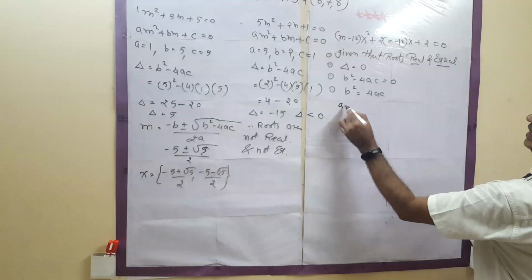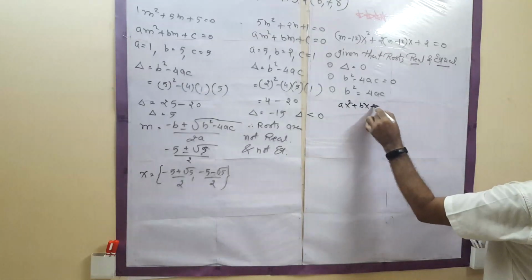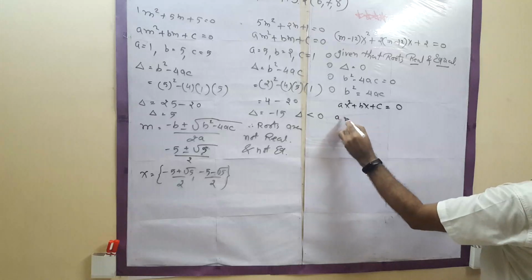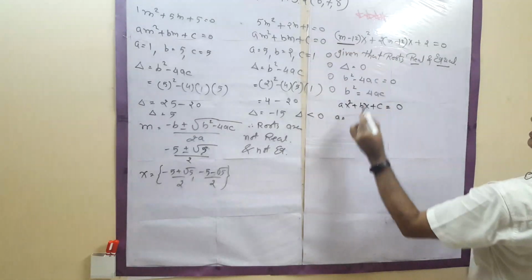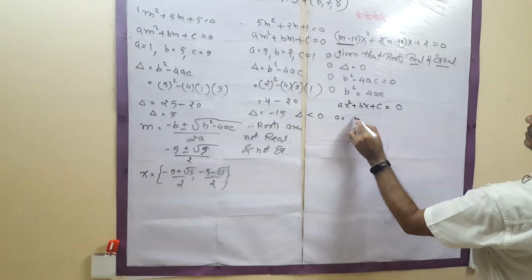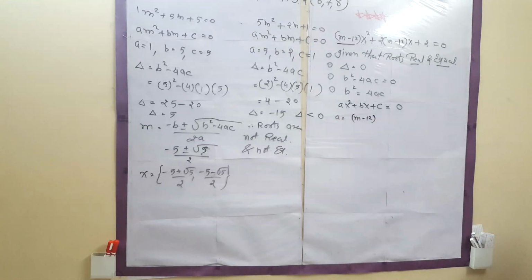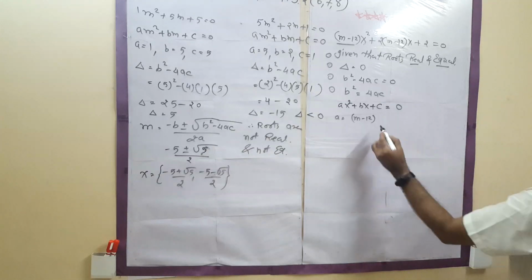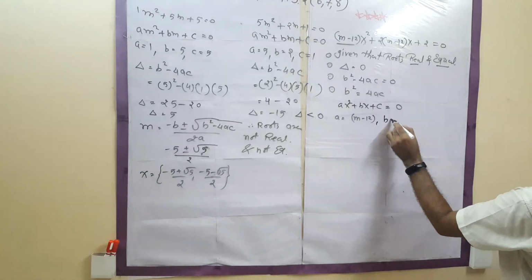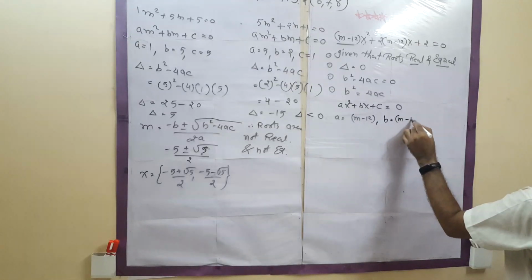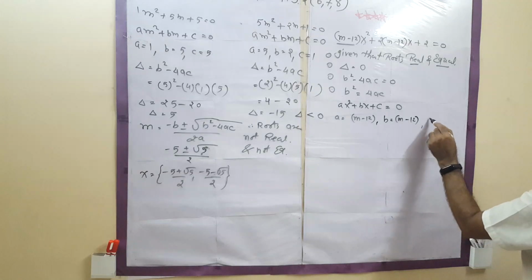Now compare to ax square plus bx plus c is equal to 0. A will be this full, and minus 12. Both are single power or double power, that I have to check again. Single power. What is B? That is also single power. What is C?